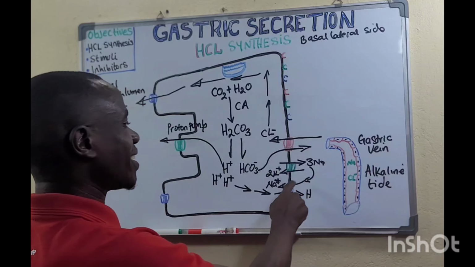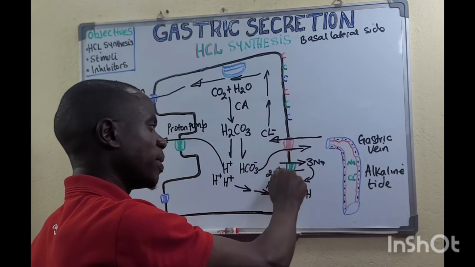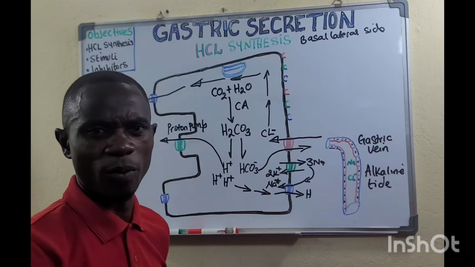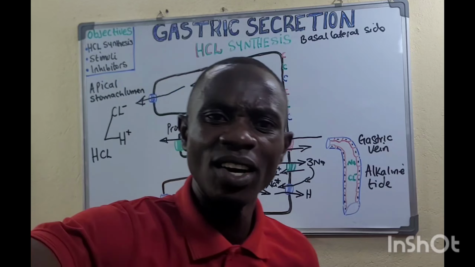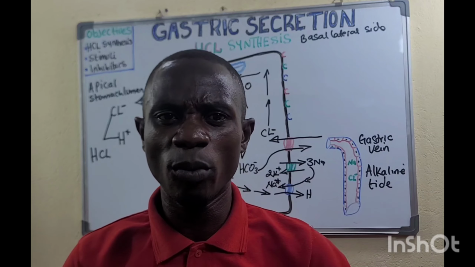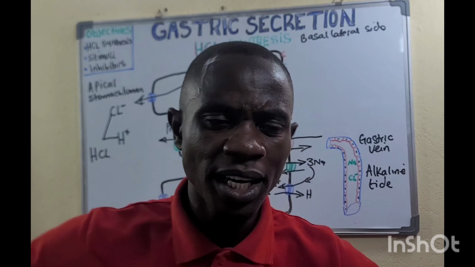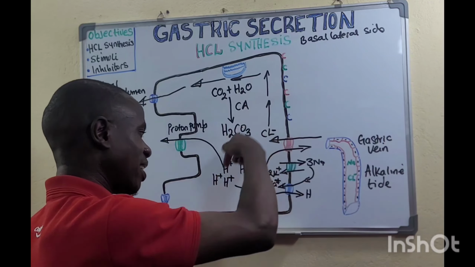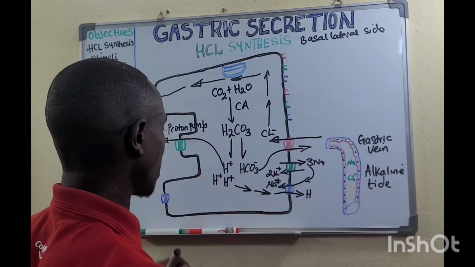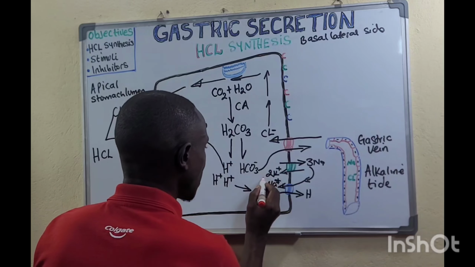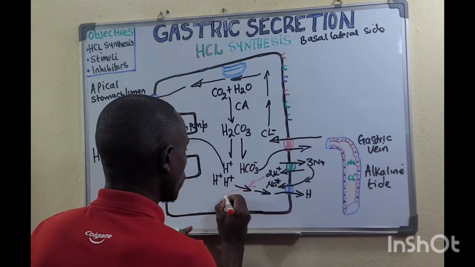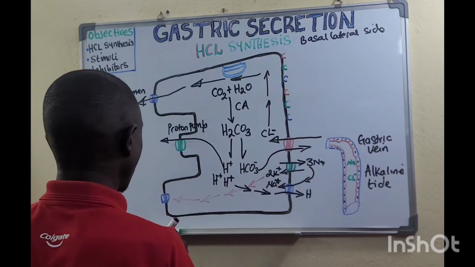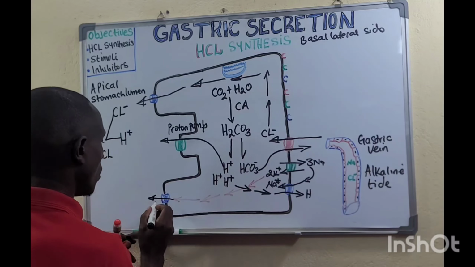So we have said that the sodium potassium ATPase pump is pushing 2 potassium ions into the cell, but of course we also know that the cell is going to be having high levels of potassium intracellularly. So if we are pushing in more potassium ions, some of these potassium ions are going to be leaving this parietal cell through this channel here, and this channel is what we call the potassium channel.